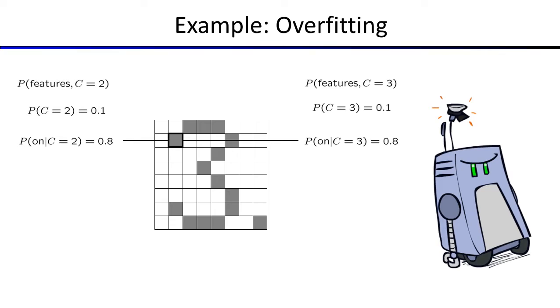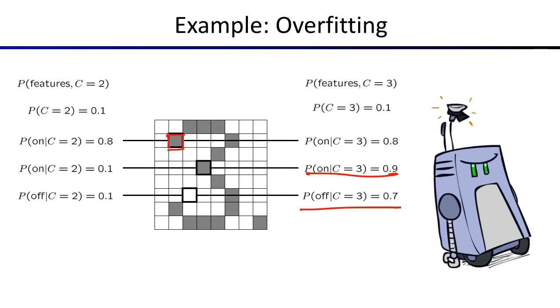For this particular pixel, the probability that it's on, if it's a 2 is 0.8, same if it's a 3, so this doesn't tell us anything one way or the other. But looking at this point, we're much more sure that it belongs to a 3 than a 2. Looking at this point, we're much more sure that it belongs to a 3 than a 2. And then we come to this point down here. And suppose it was the case that in our training set, this is like sensor noise.